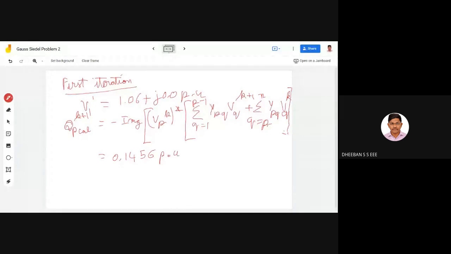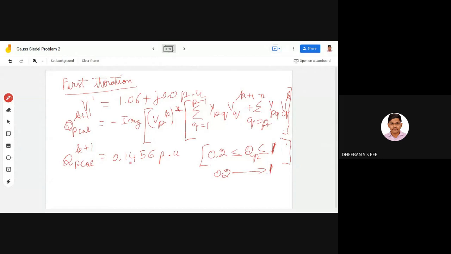The range of the QP that they have given as the Q limit is 0.2 less than or equal to QP less than or equal to 1.0.